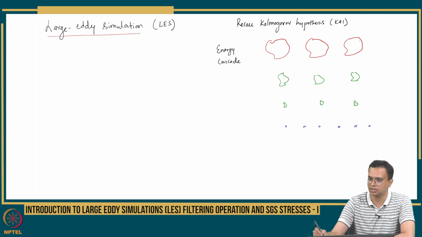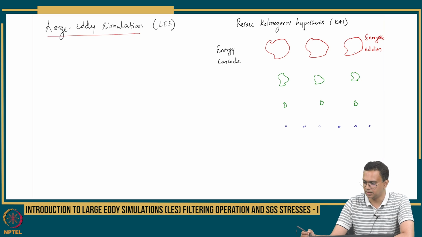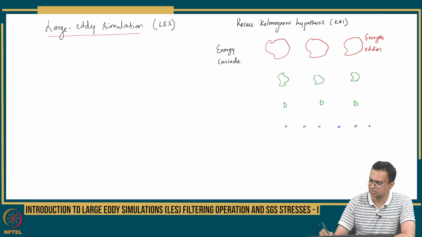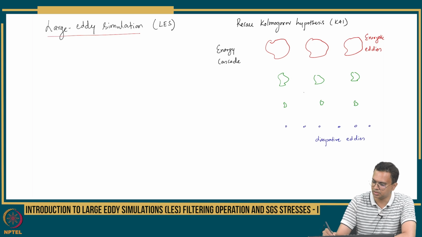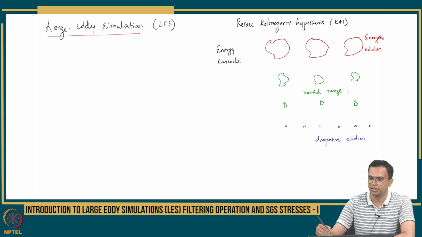So the energy injection occurs at these energetic eddies, at these large scales according to the cascade process or the Kolmogorov theory, and we do have these dissipative eddies. And of course the intermediate ones, which is the inertial subrange, the inertial range, where it's purely inertia driven.